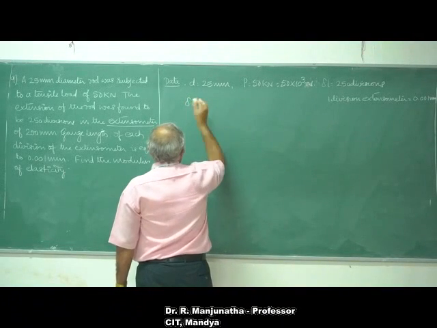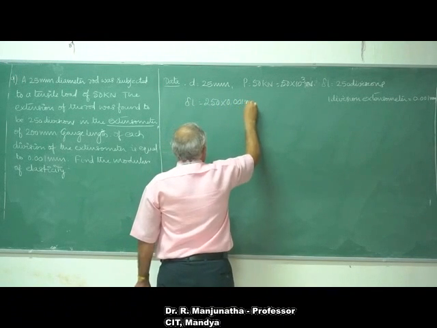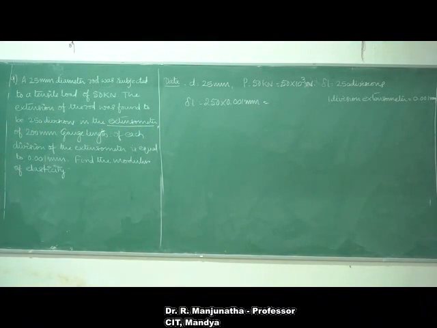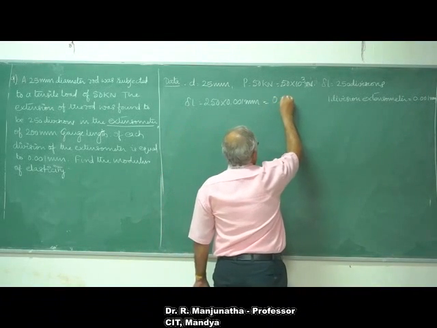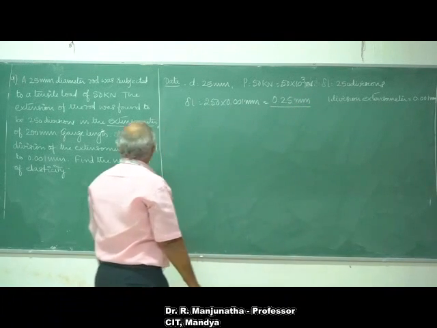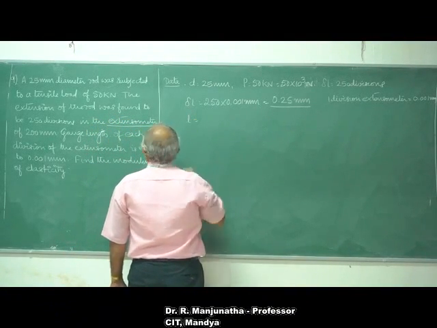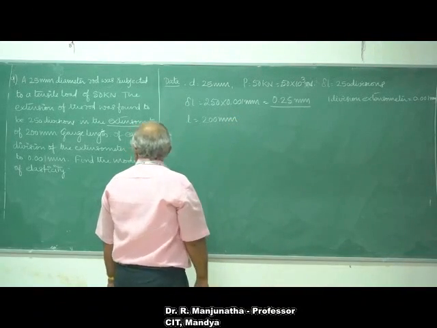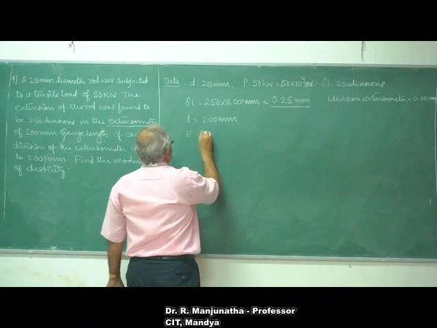Delta L will be equal to 250 into 0.001 mm, which is 0.25 mm. So 0.25 mm is the delta L. The gauge length, that is the original length of the member, L, will be 200 mm. We need to find the modulus of elasticity of the material, that means we need to find E.